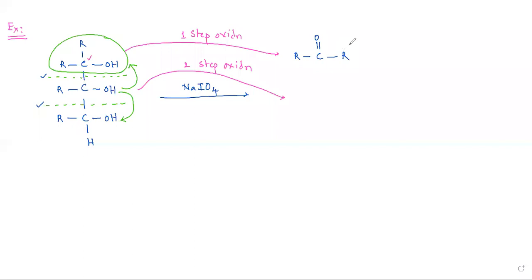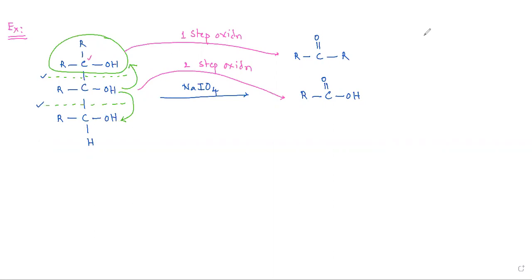The primary alcohol is now undergoing a two-step oxidation. What do you get? A primary alcohol in the first step on oxidation gives an aldehyde. In the second step, this aldehyde is further oxidized to acid. Hope you got my point. Two-step oxidation of a primary alcohol.